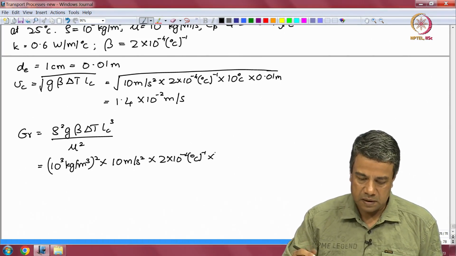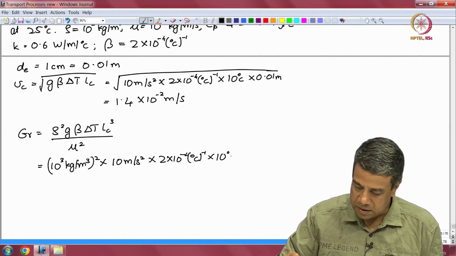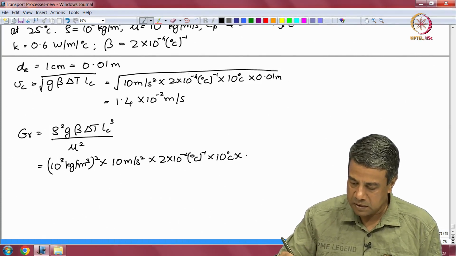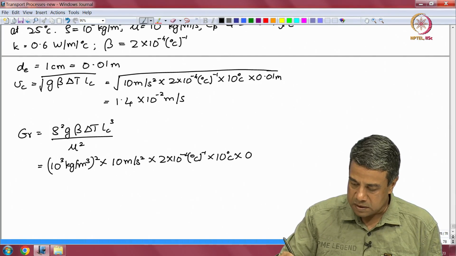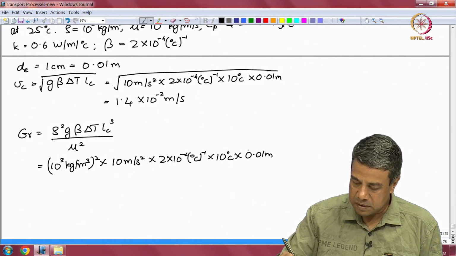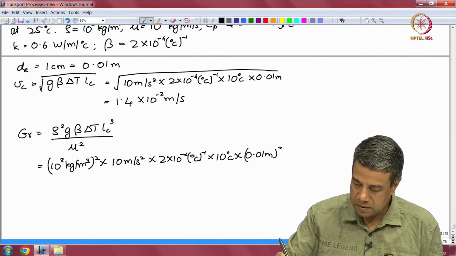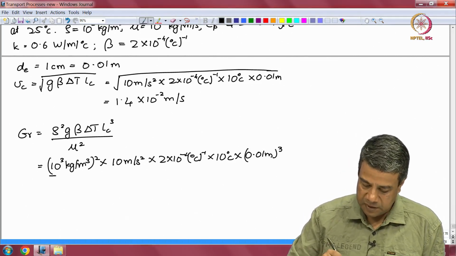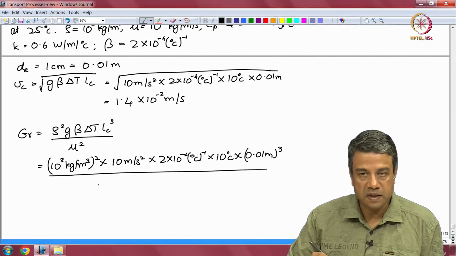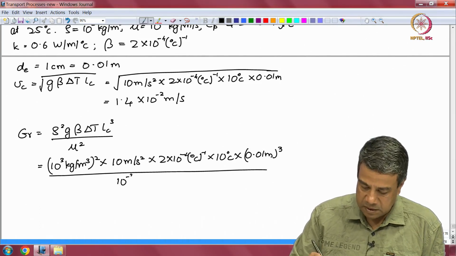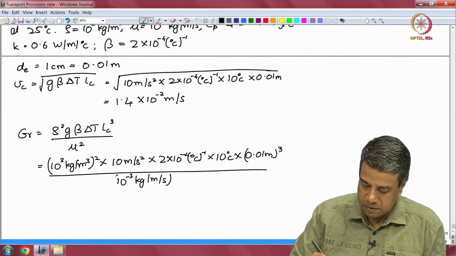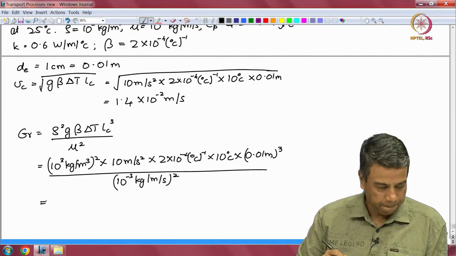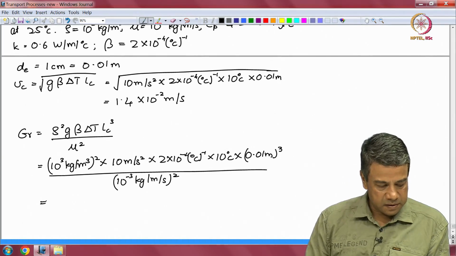Delta T is 10 degrees centigrade, into Lc cubed, which is 0.01 meters, the whole cubed. The whole is divided by viscosity squared, which is 10 power minus 3 kg per meter per second, the whole squared. This is the Grashof number.